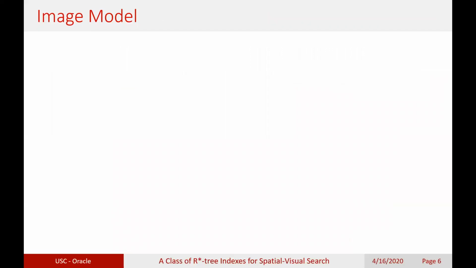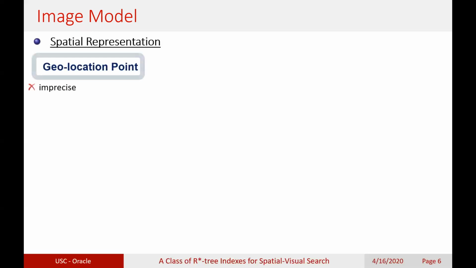Before discussing index structure, I will just give a brief introduction how we can represent geotagged images in terms of both spatial and visual features. For spatial representation, an image can be represented straightforwardly using its camera location. However, the shortcoming of the camera location is that the scene depicted in an image can be in any direction and distance from the camera.